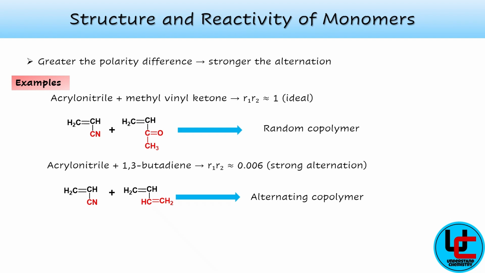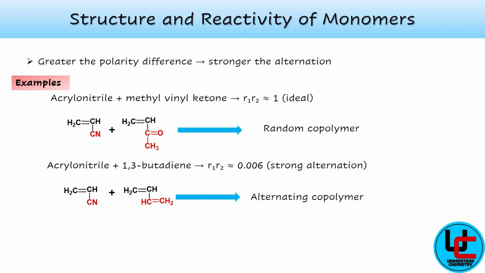Now compare that to acrylonitrile and 1,3-butadiene. Acrylonitrile is strongly electron withdrawing, while butadiene is electron donating due to its conjugated diene system. This creates a large polarity difference, and the product r1 times r2 is very small, around 0.06.